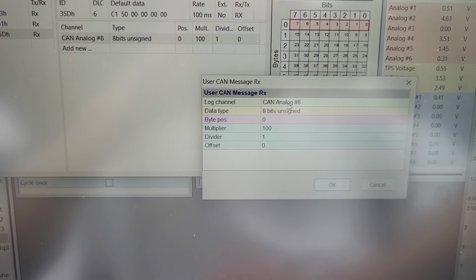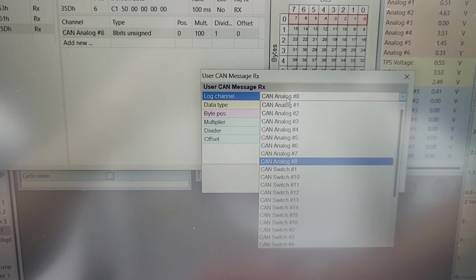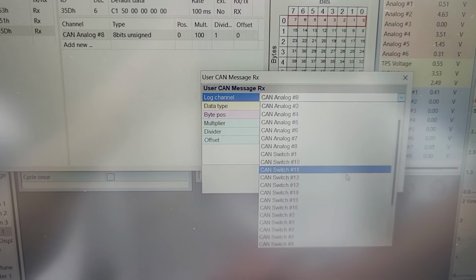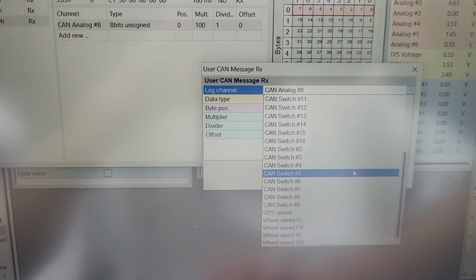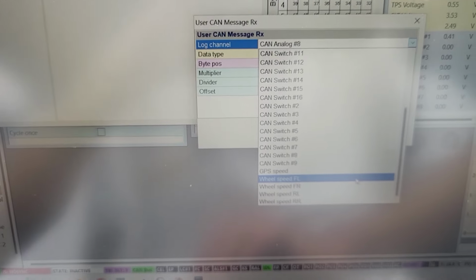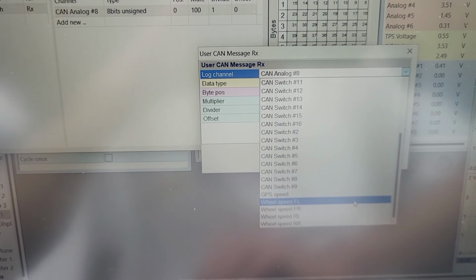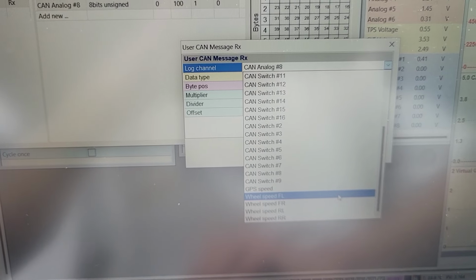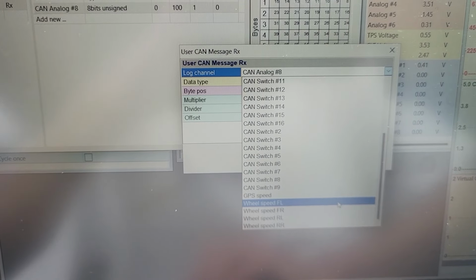Log channel is what the ECU Master is going to see it as. So these are all the things I have available. This is what I'm limited to: CAN analog, CAN switches, GPS speed, and wheel speed. These are the predefined headers. That's all I have. Other manufacturers, you might be able to use temperature, things like that.